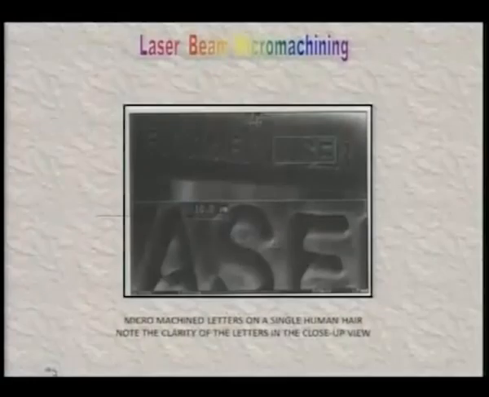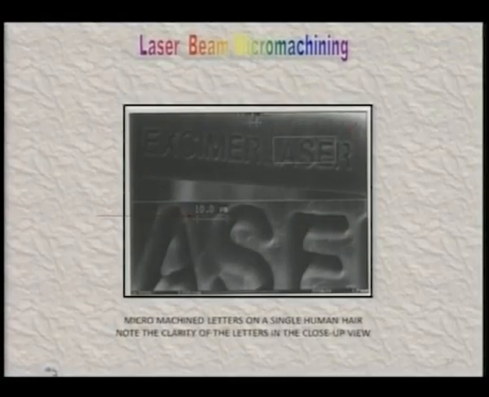As I mentioned a few minutes back, excimer laser gives you a heatless process where ablation of the material takes place rather than melting and vaporization. So, you can see micro machined letters on a single human hair. Note the clarity of the letters in the close up view, that is the bottom part.